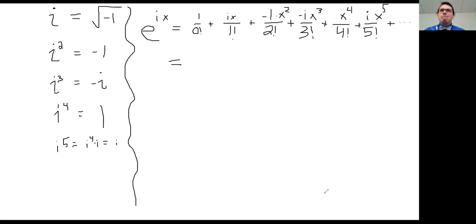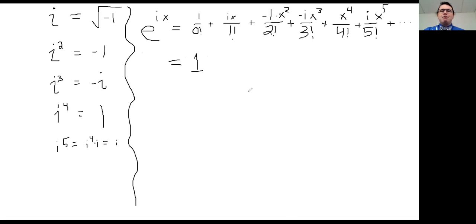Now, at this point, I notice that some of these fractions involve imaginary numbers, and some of them don't. So I'm going to separate my fractions depending on whether or not the imaginary number i shows up.